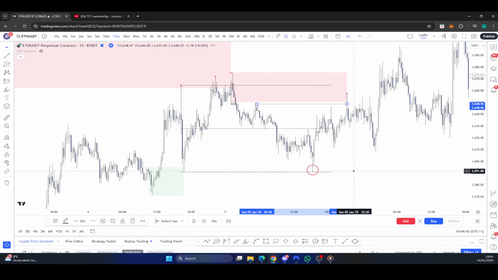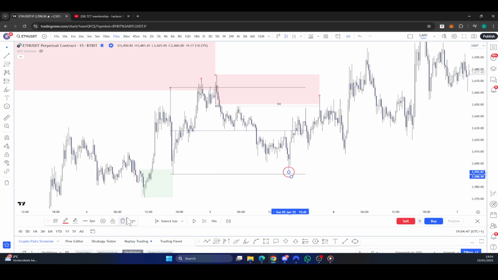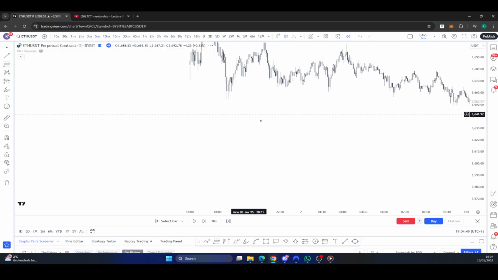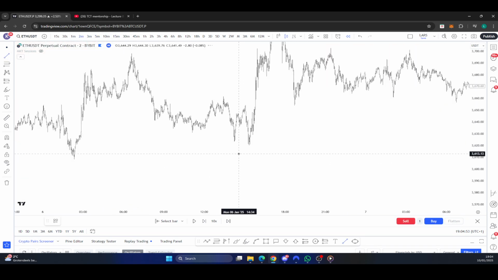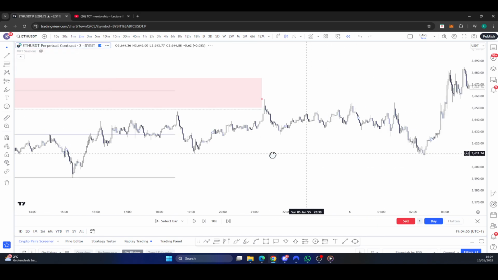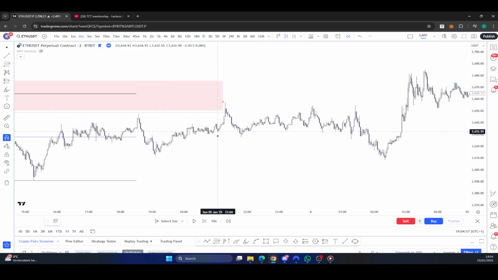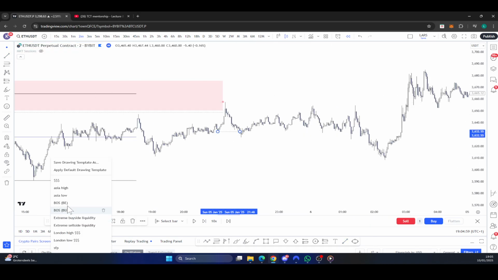And this also actually broke lower because it broke structure back to bearish after putting in that tap right here on the low time frame. Right there. Broke structure back to bearish.